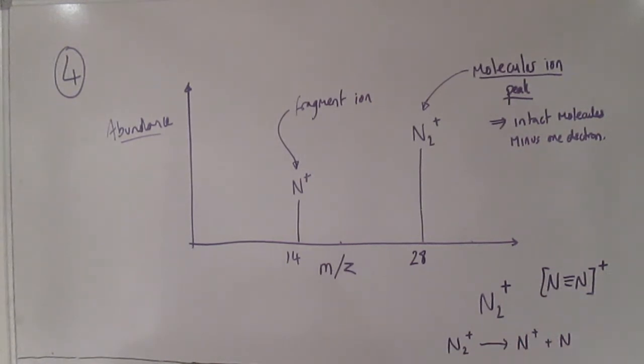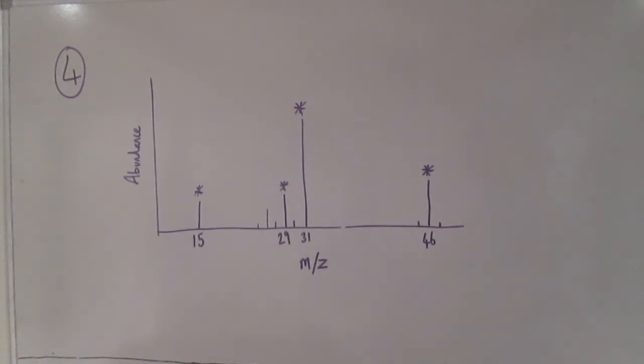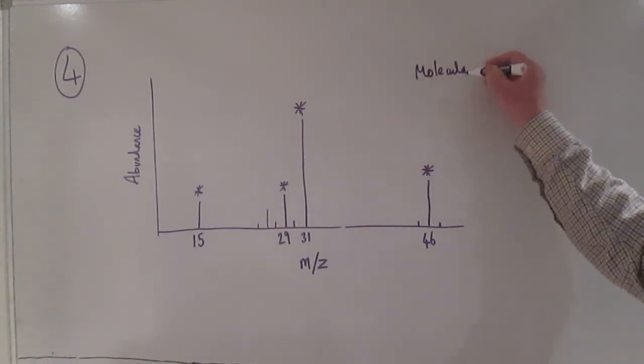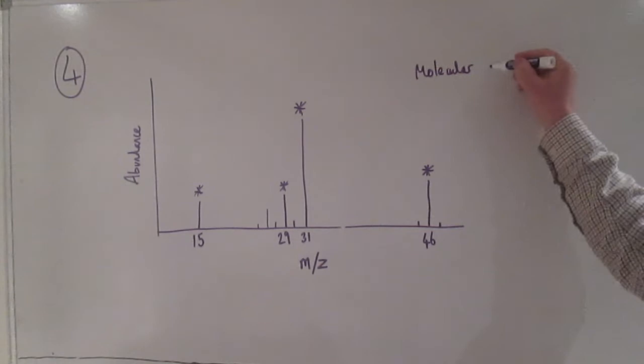So now let's have a look at what's going on actually in question 4. Okay, so here's the mass spectrum that it shows us in question 4. So the first thing to go looking for always in mass spectrometry questions is the molecular ion peak, which remember is due to the intact molecule just minus 1 electron.